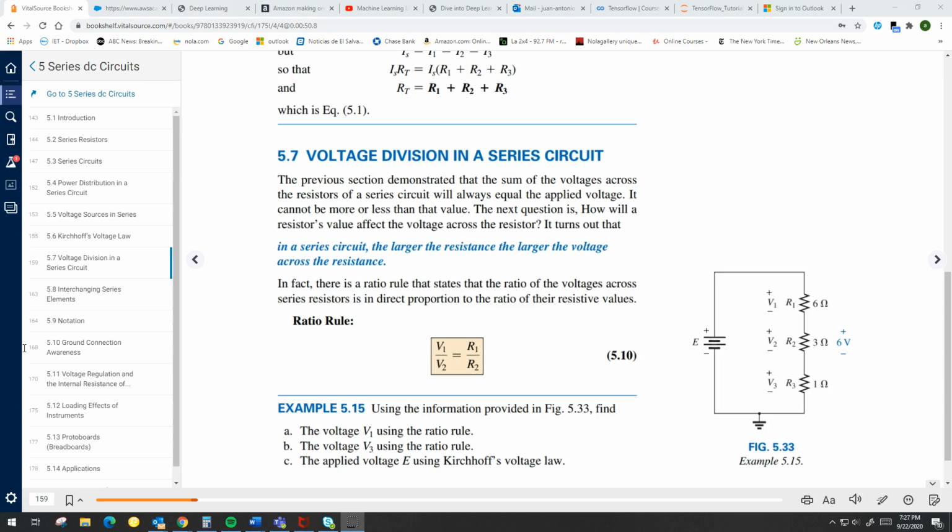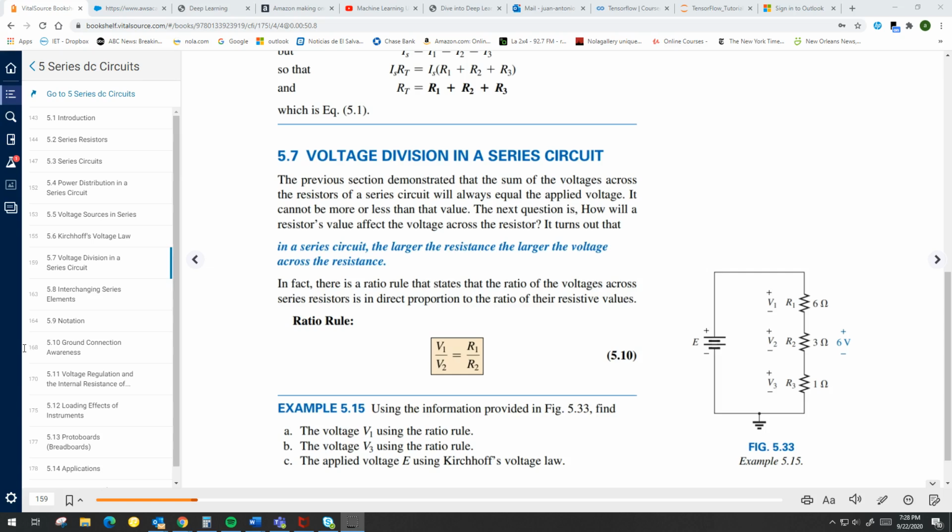In this expression, you know R2 is 3 ohms, R1 is 6 ohms, and V2 is 6 volts, so you can solve for V1. R1 over R2 is, 6 divided by 3, 2. Times 6, which is this voltage, gives you a V1 of 12 volts.